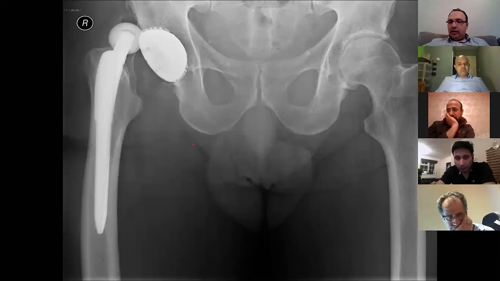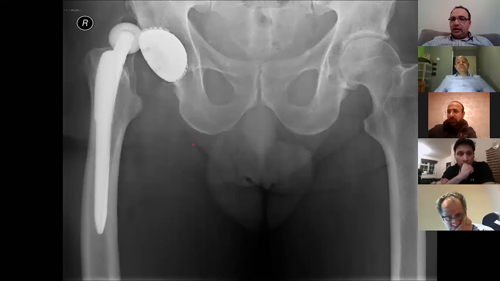Or to be more accurate, between the floor of the acetabulum and the center of rotation of the acetabulum itself. And the floor of the acetabulum is marked by a line that you could be asked about in the exam, which is the ilioischial line. So the perpendicular distance between that line and the center of rotation is called the acetabular offset.